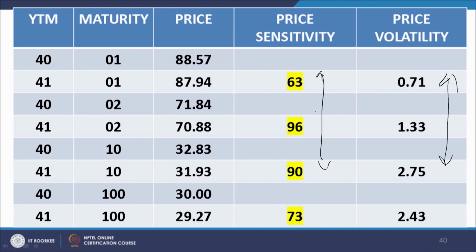So, it initially increases from 63 to 96 for 1 to 2 year bonds, and then it decreases from 96 to 90 and then to 73. A similar pattern is observed in the case of price volatility: initially 0.71 for the 1 year bond, 2.75 for 10 year bonds, but then it starts decreasing, and 2.43 is the volatility for a 100-year maturity bond.